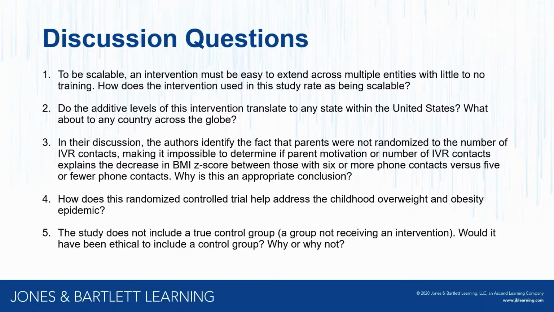Also identifying what can explain why an IVR contact would help decrease BMI Z-score versus the small group only. And then just getting into some other questions about design and analysis.